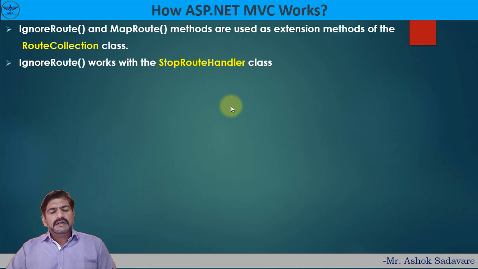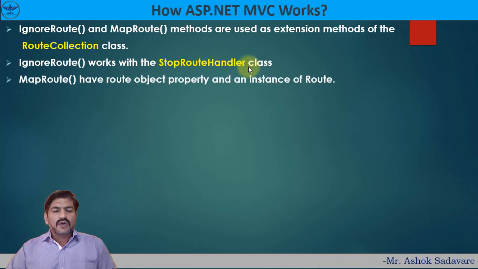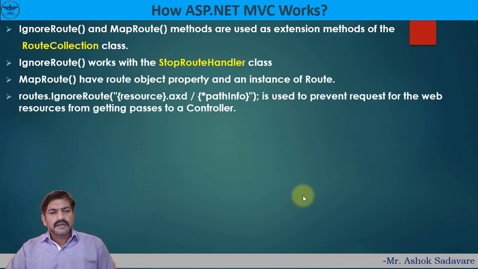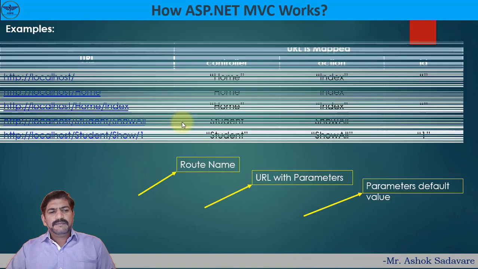IgnoreRoute method works with the StopRoutingHandler class, and the MapRoute method has a Route object property and its instance of the route. So the routes.IgnoreRoute method, that is a statement in the RouteConfig file, is used to prevent requests for the web resources. So the user cannot access the web resources because it prevents the request for the web resources from getting passed to the controller. So here see the examples.